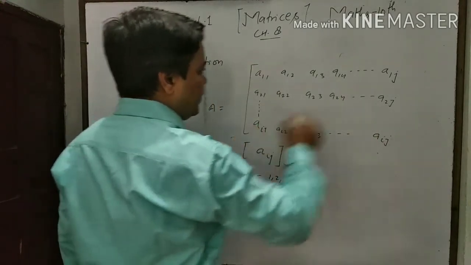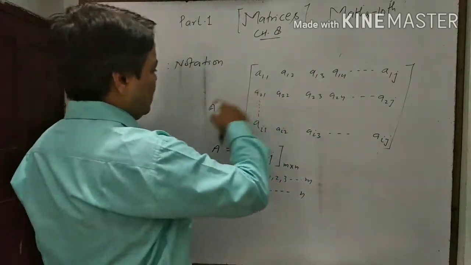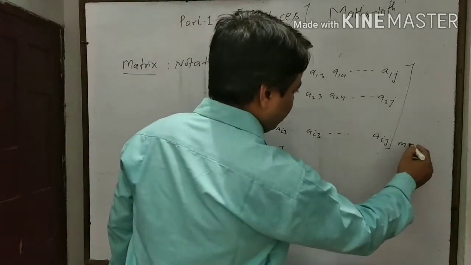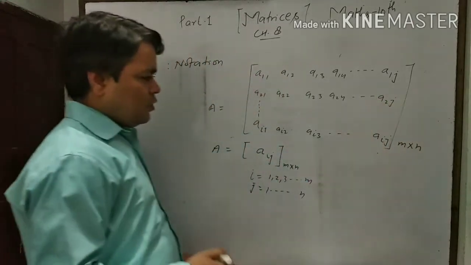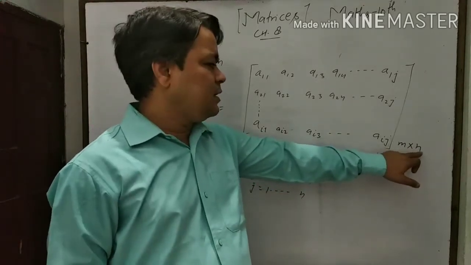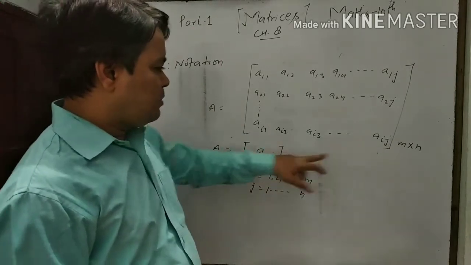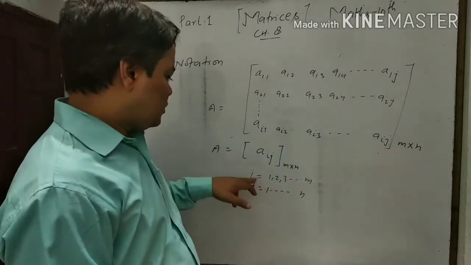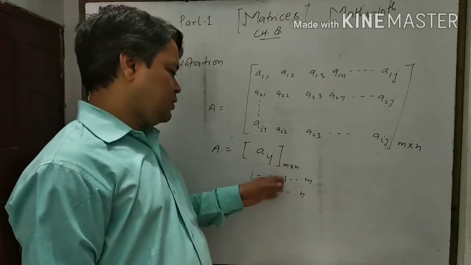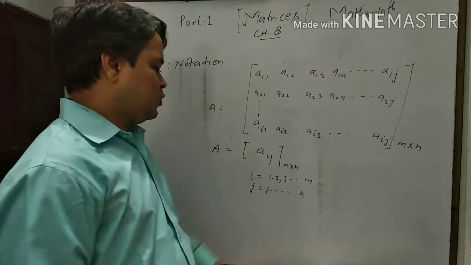In this way we can write the general form of a matrix of order m by n, where m is the number of rows and n is the number of columns. So i goes from 1 to m, and j from 1 to n also.